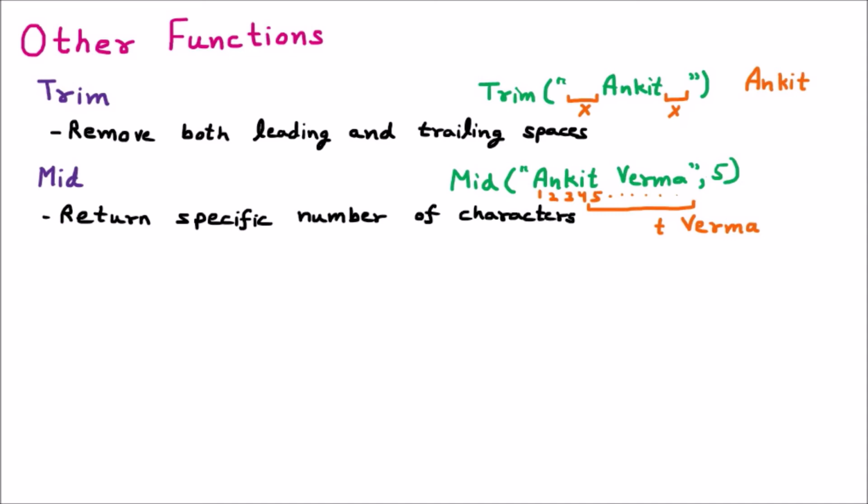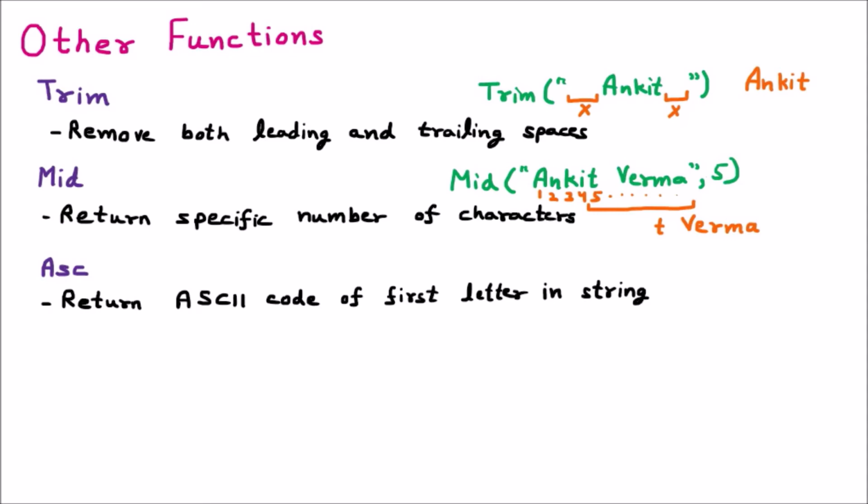The next function is ASC. ASC is used for the ASCII value. So here it is going to return the ASCII code of the first letter from the string. Let us suppose that we are writing here ASC, that is for the ASCII value. In the bracket we are passing a certain string. Let us suppose that we are passing here Ankit, so that is the string.